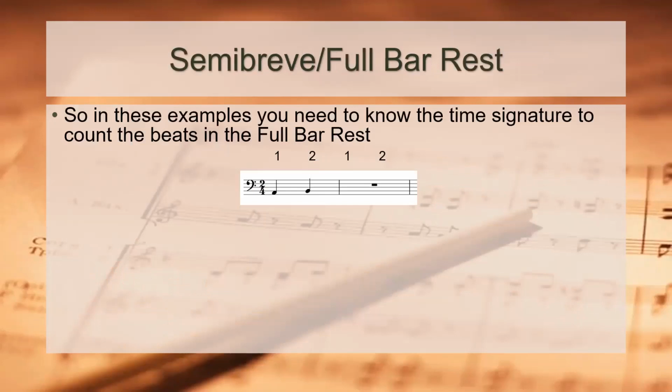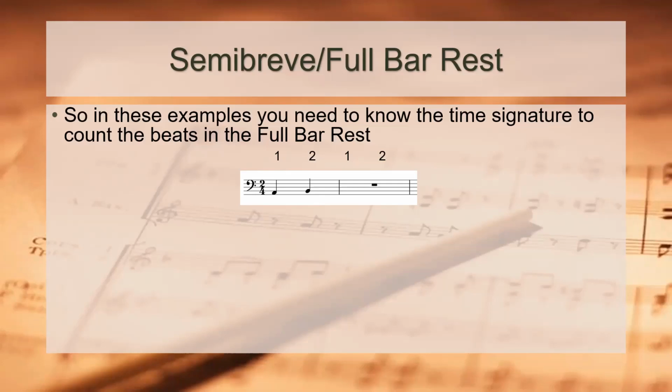So in these examples, you'll need to know the time signature to count the number of beats that rest indicates. Here we are in a 2/4 time signature. Again, we're back in the bass clef, and again we're singing an A and a B. 1, 2, then we're into the next bar.